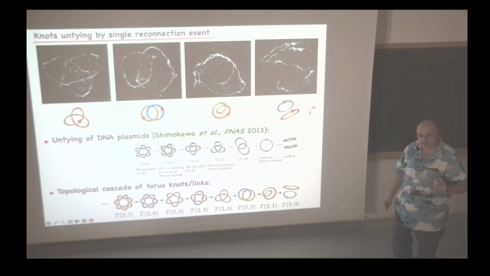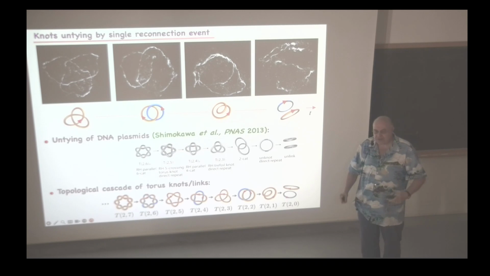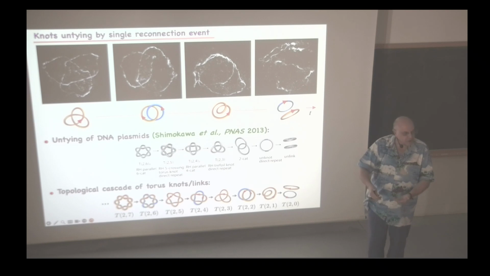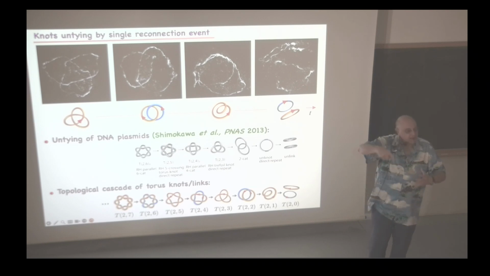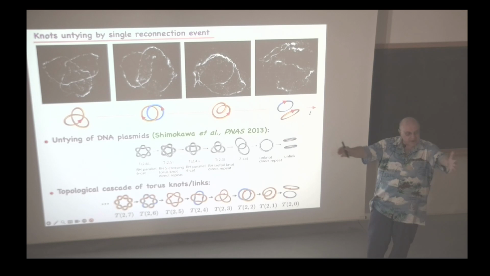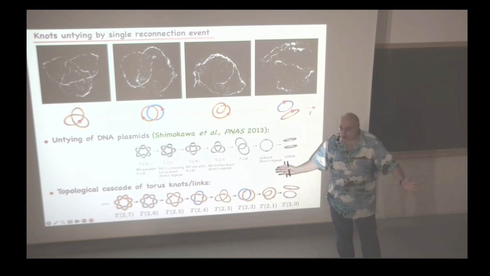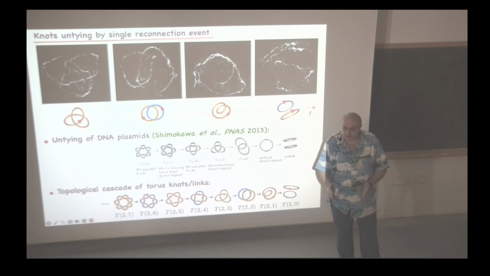So twist is converted to writhe, and instead of having a lot of twisting, the molecule gets rid of the twist and forms coils. By forming coils, remember, you go down in scale. And so that's the key mechanism to compactify information.